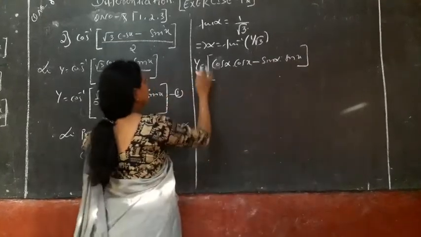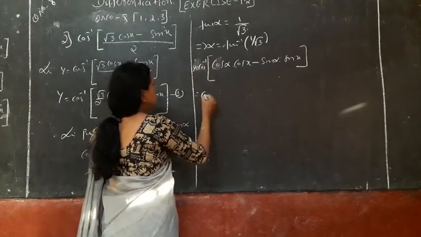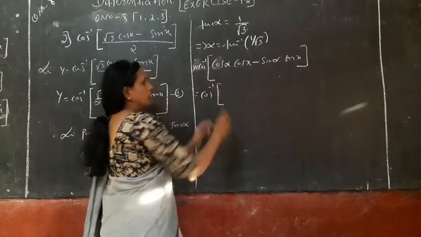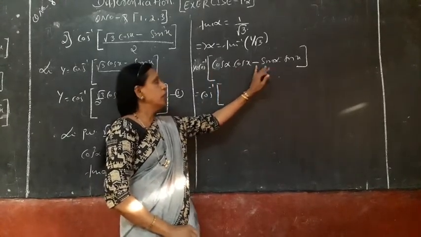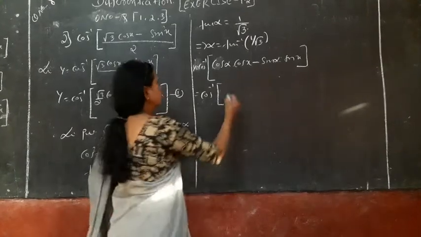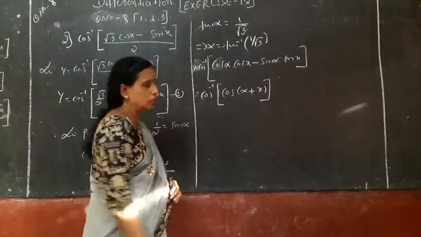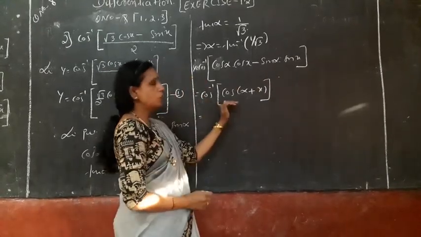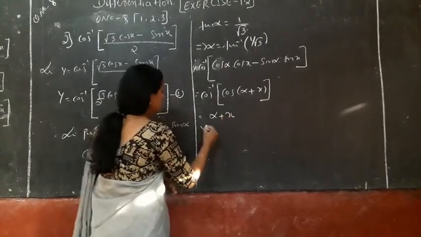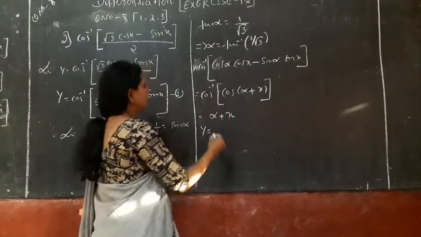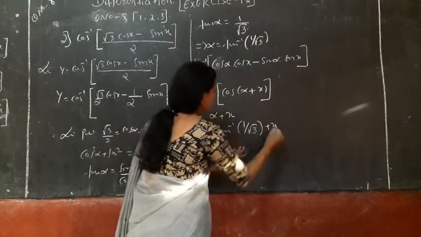So this becomes cos inverse of an expression of the form cos A cos B minus sin A sin B. I have told already, if here it is minus sin, we can write cos of alpha plus x. Now this is of the form cos inverse of cos of f of x, therefore we get alpha plus x. Then what is the value of alpha? Alpha is tan inverse of 1 upon root 3, plus x.